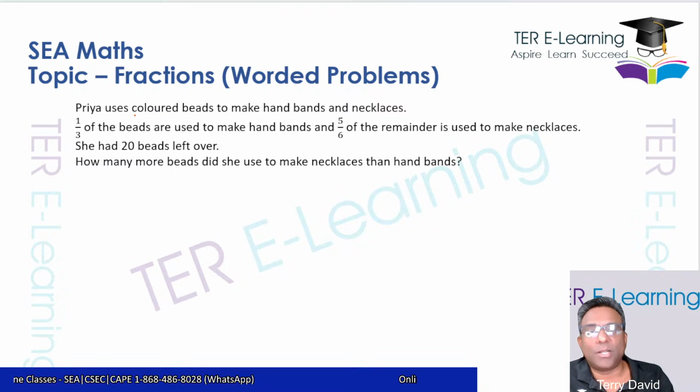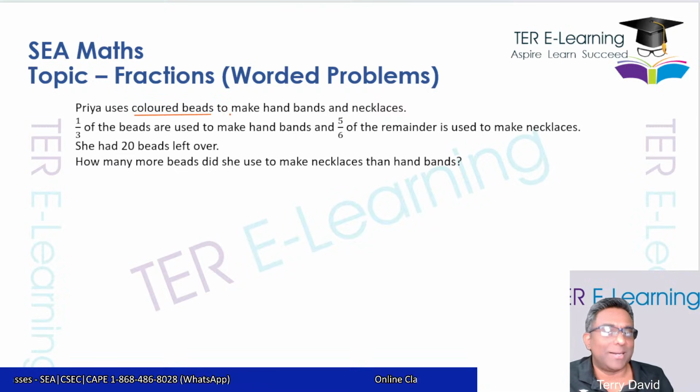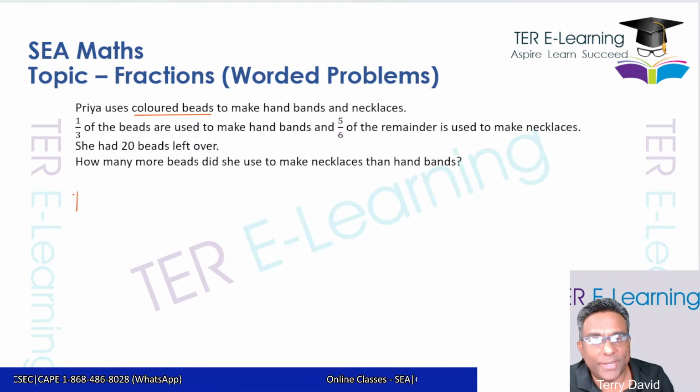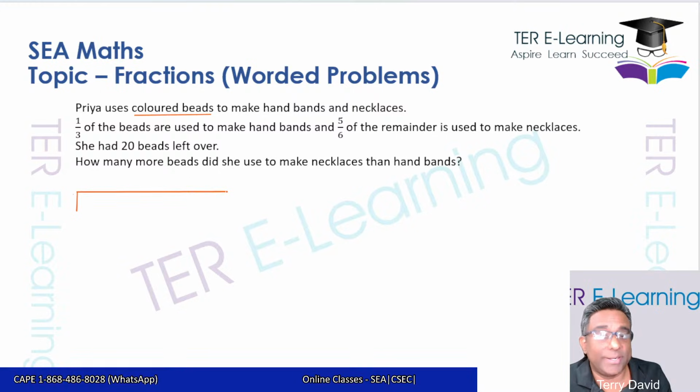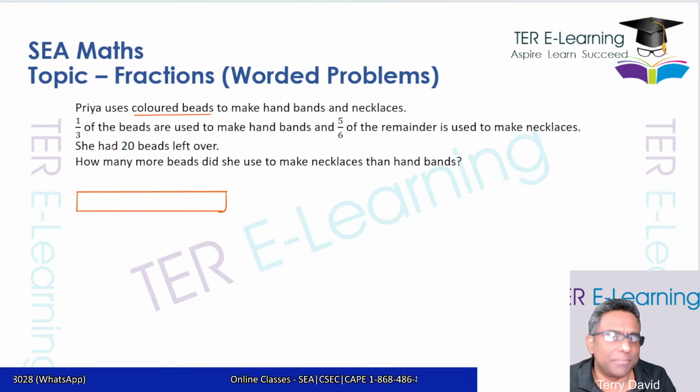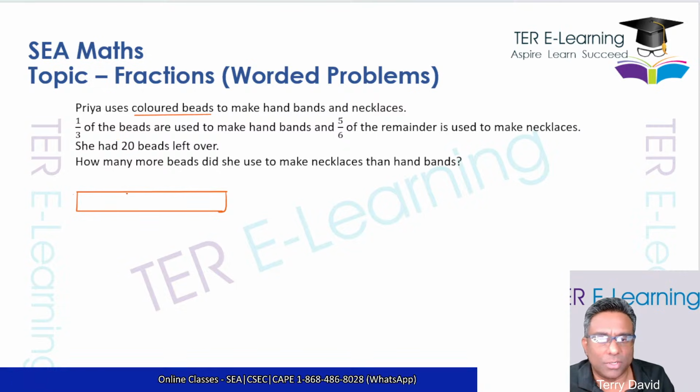So she's using colored beads here to make these headbands and necklaces. So let's start off with our whole, which we don't know what it is. This here represents my whole, and she's using this to make headbands and necklaces. So 1/3 of the beads are used to make headbands.